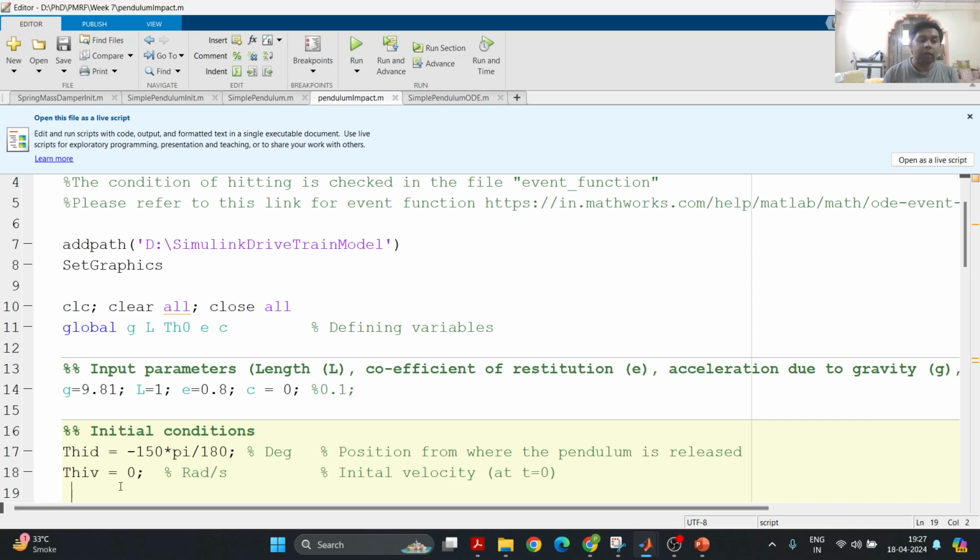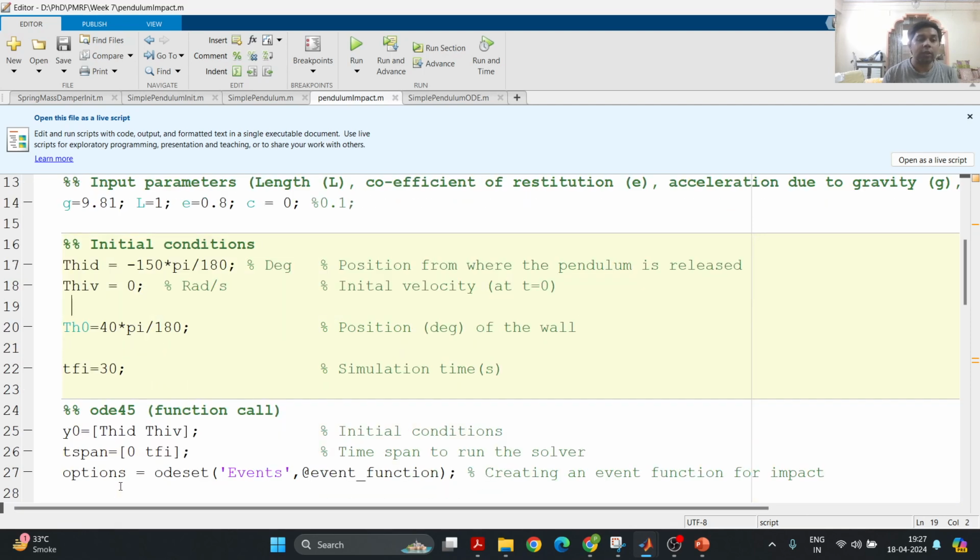And then we take the set of initial conditions, theta I, the initial angular position and the initial velocity, and then we define the position of the wall, and we say that we want the simulation time to be 30 seconds.